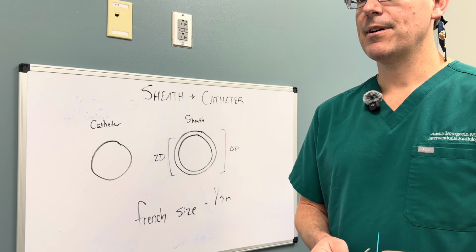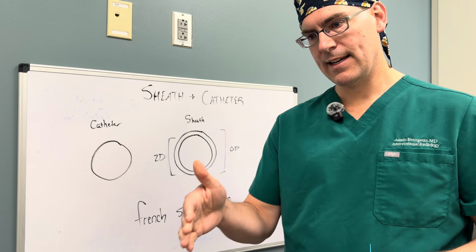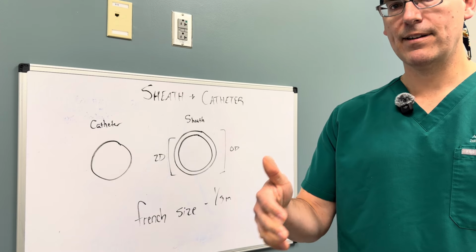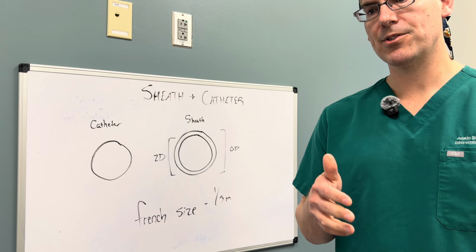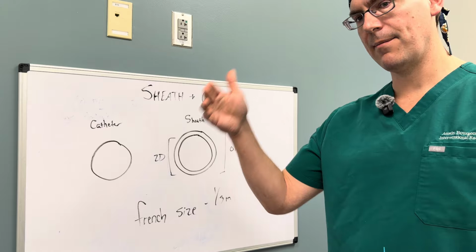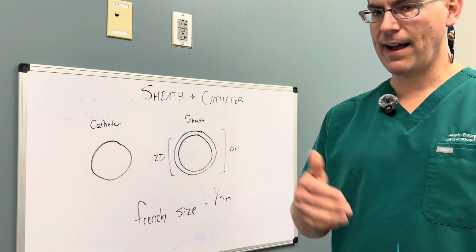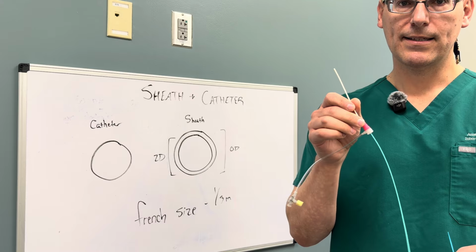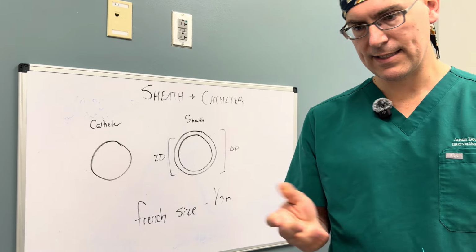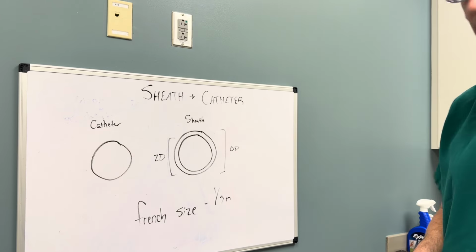So the outer diameter of a standard 4 French sheath is 6, a 5 French sheath is 7, and so on and so forth, but a radial sheath is only 1 French size outer diameter more than that. So a 5 French radial sheath is a 6 French outer diameter. That's a little bit of the difference between them. Hope that helps.